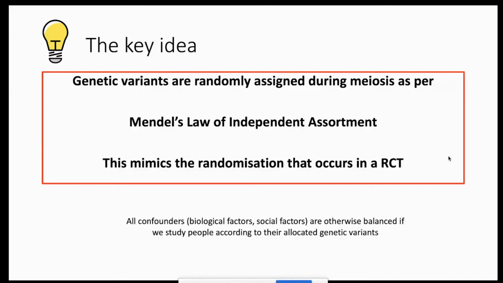It's a really key idea that we're using genetic variants as a proxy for an exposure, but because these genetic variants are randomly assigned, they're independent of confounding factors, and all other confounding factors will be balanced between these groups. So if we look at them according to the allocation of genetic variants, we can say that it's unconfounded.